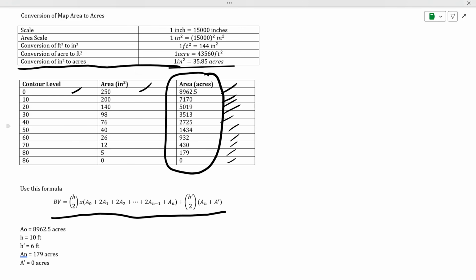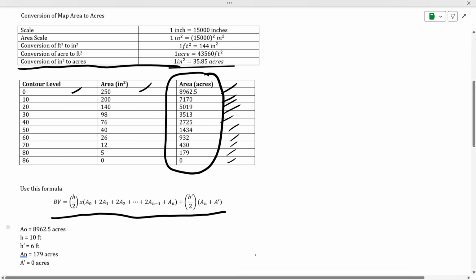As we recall, this trapezoidal method has a condition, right? We're simply assuming that that condition is satisfied for every interval.